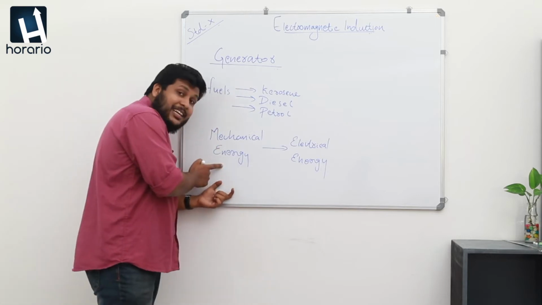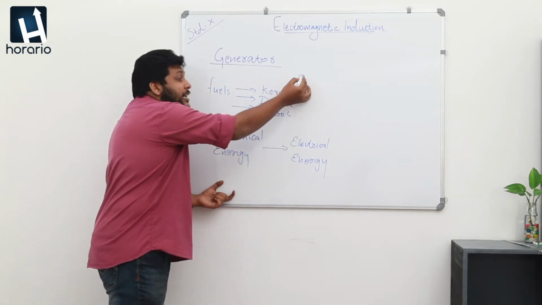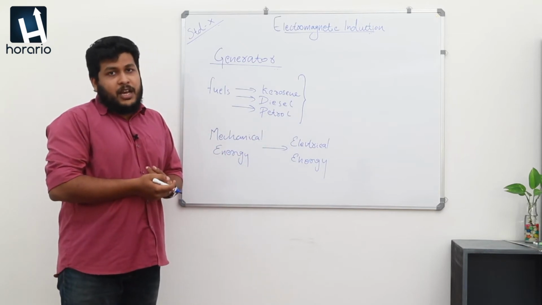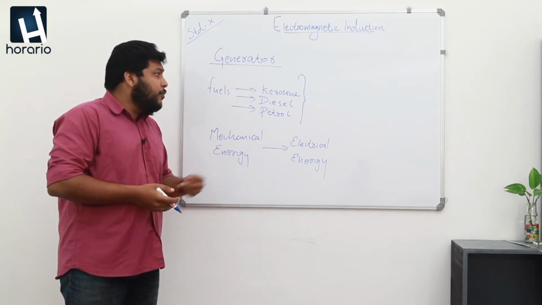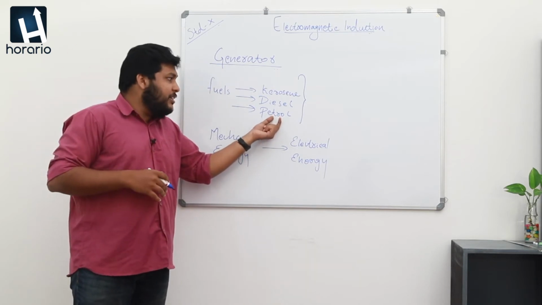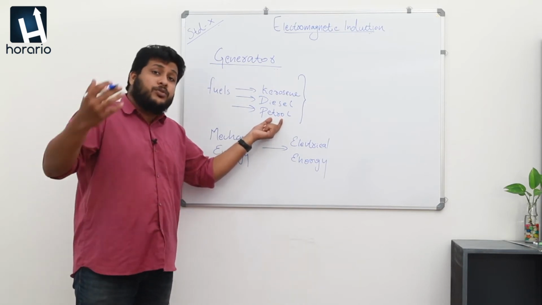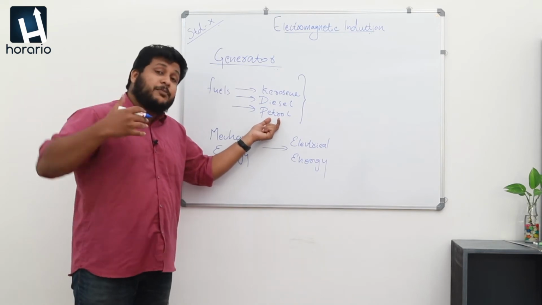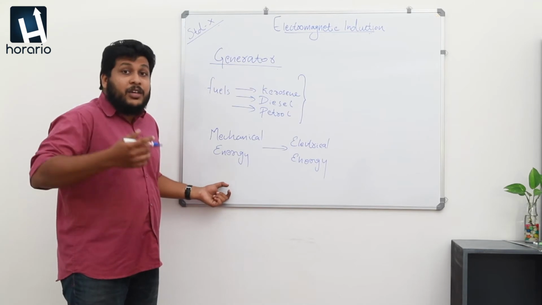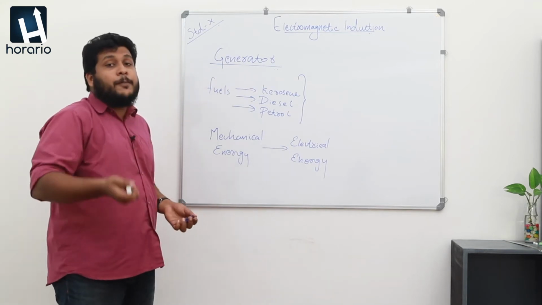And this mechanical energy is derived from the burning or combustion of different types of fuels. It is not always necessary to use fuels. In different situations, we can also use various methods for producing mechanical energy. For example, we can revolve it with the help of a hand.